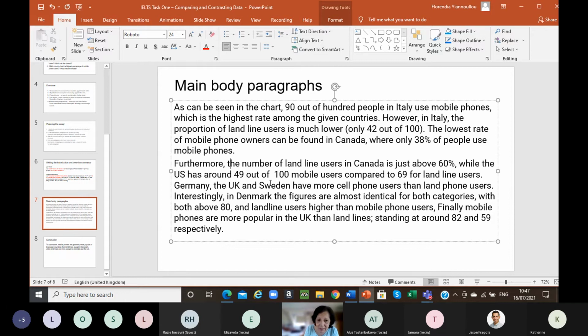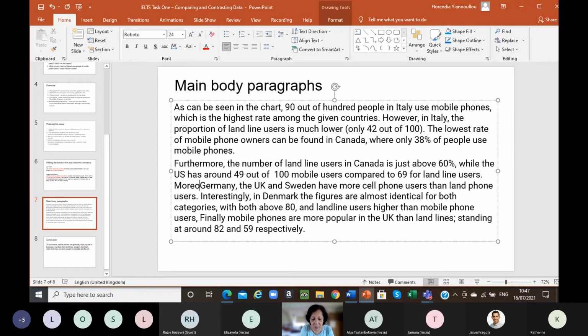Germany, the US, now I've got furthermore here. What I'm going to do now is add moreover here. Moreover and furthermore both mean and, when you're adding more information. Now I can put here, moreover, Germany, the UK and Sweden have more, and I put cell phone users there.